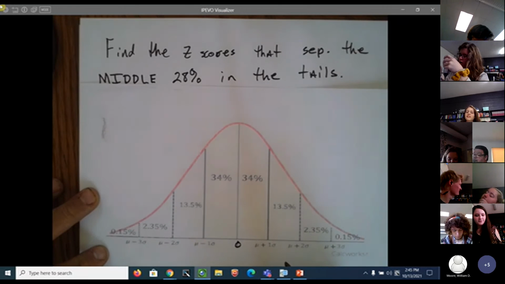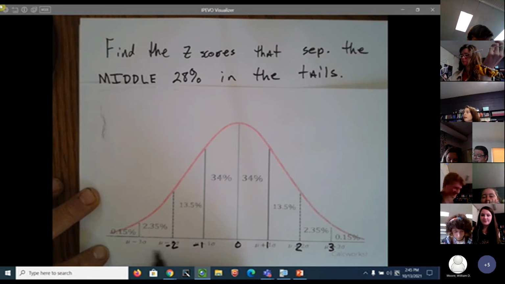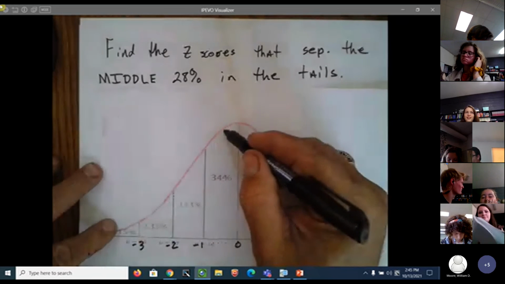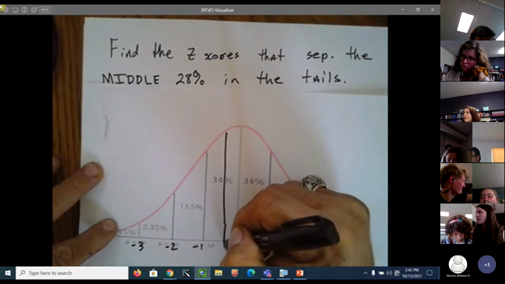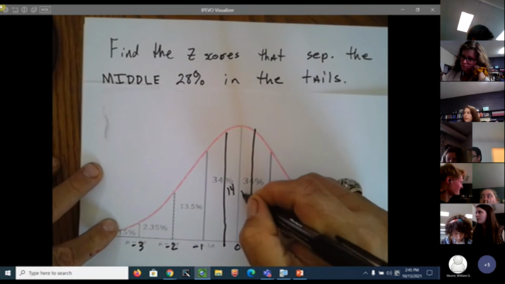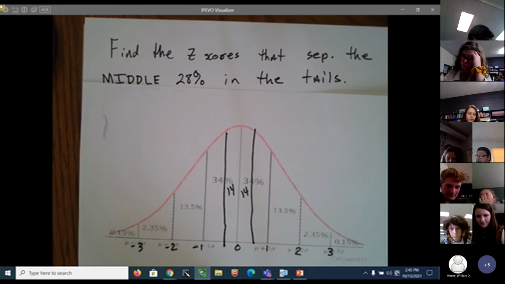0, 1, 2, 3, -1, -2, -3. And you got like 15 seconds left. So 14%. 14%. 50 minus 14 is what, y'all? 46 or 36, right?